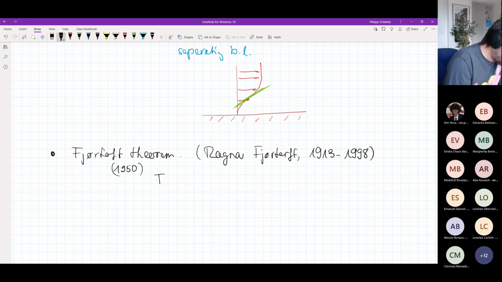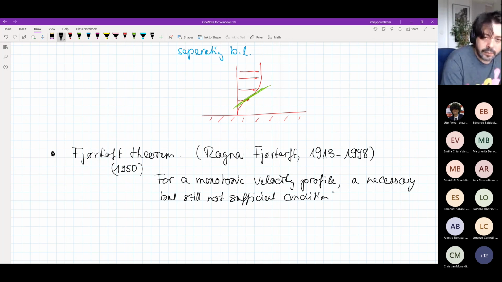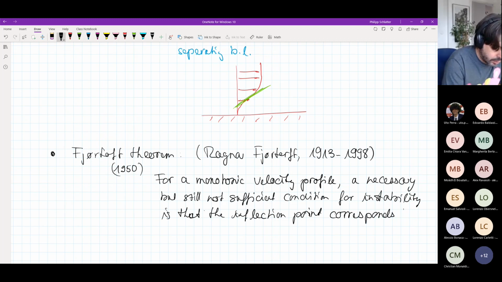But what it says is the following: for a monotonic velocity profile, a necessary but still not sufficient condition for instability is that the inflection point corresponds to a vorticity maximum.